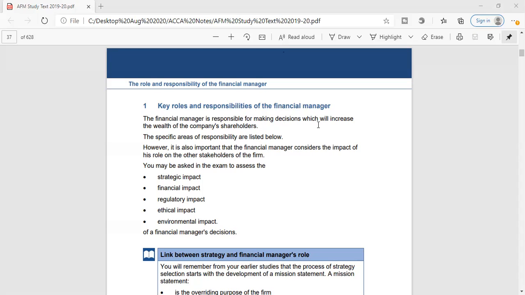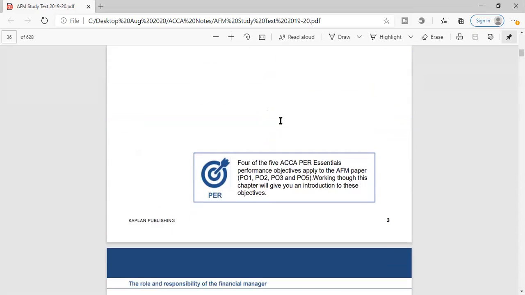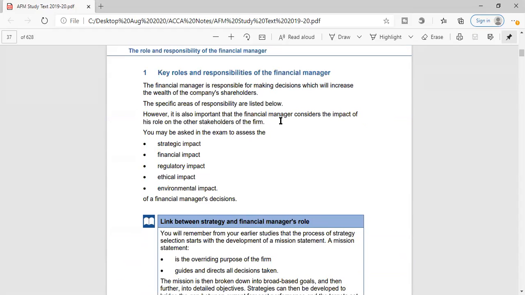So the role of the financial manager, that is the first starting part of this chapter. As the topic, the roles and responsibilities of the financial manager. By now, I'm sure you'd have heard and studied a lot about this. Some of you might be working in big businesses, or maybe would have seen some roles of financial managers.